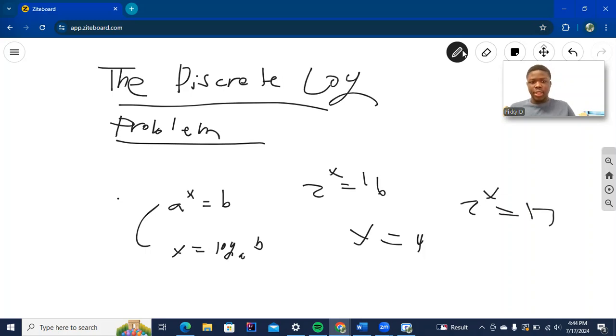Because they're continuous and differentiable, calculus can apply to them. Most computers use the Taylor series to find the logarithm, and it helps them approximate values. It takes advantage of derivatives, and because we're dealing with a continuous logarithm, we can use that, and that's been a widely accepted way of finding logarithms.